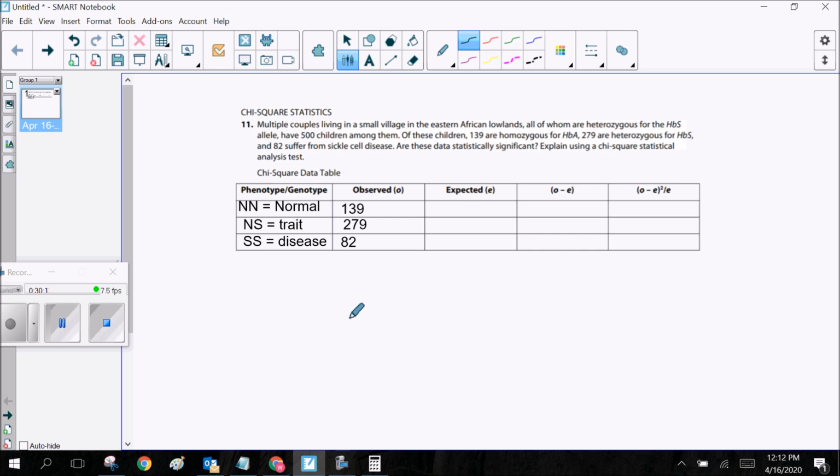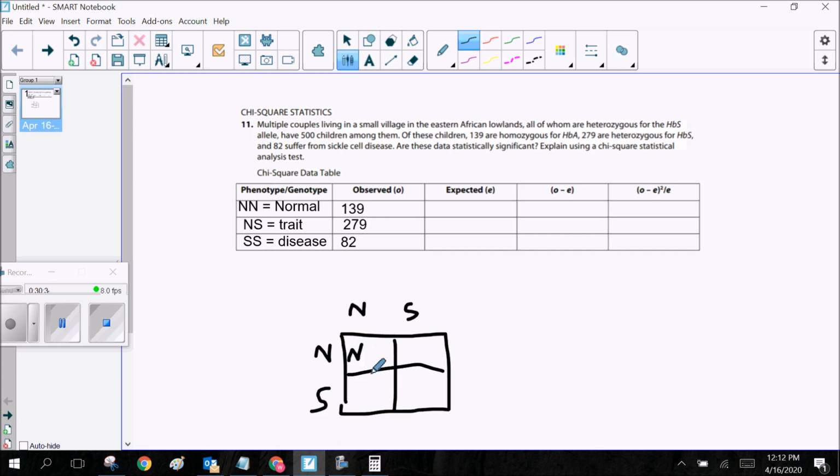So if I was to construct a quick Punnett square based on every individual in that population, I could assume that the probabilities of getting trait, normal, or disease would all follow the probabilities predicted by this monohybrid cross.